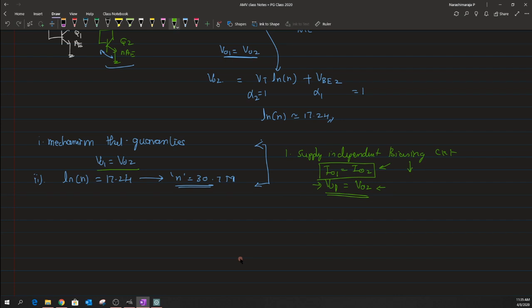Just as a recall, we had ensured that the W by L factor of the NMOS current mirror structure were made equal. If we could make this relation the same, then one could ensure that the value of VO1 is exactly equal to VO2.